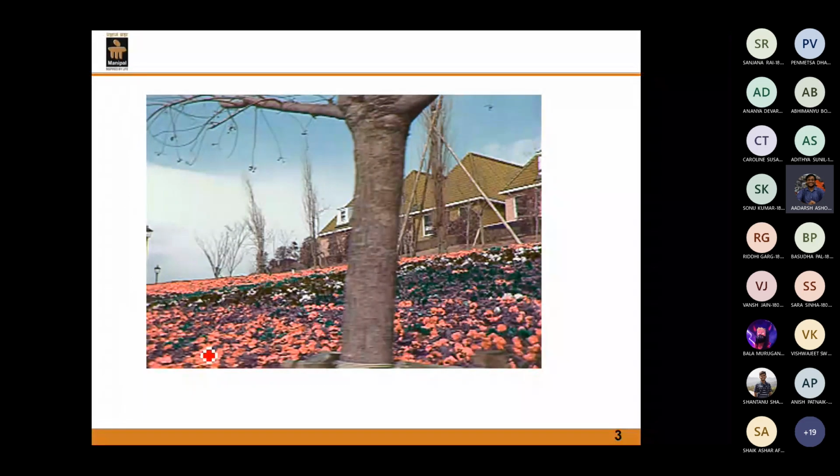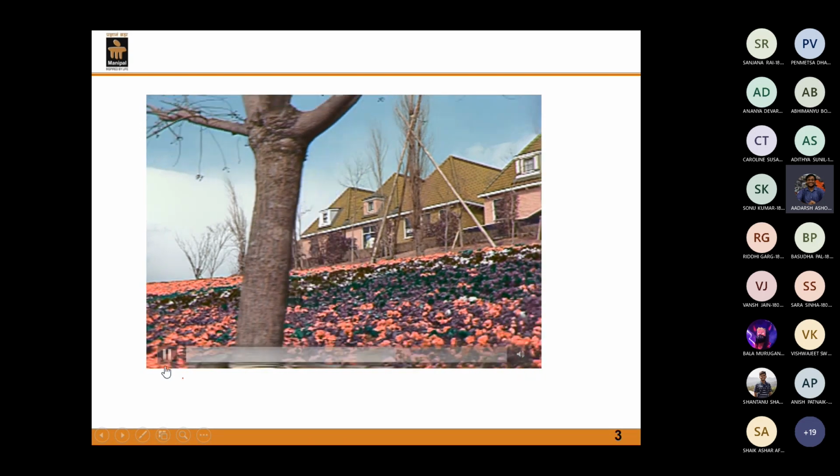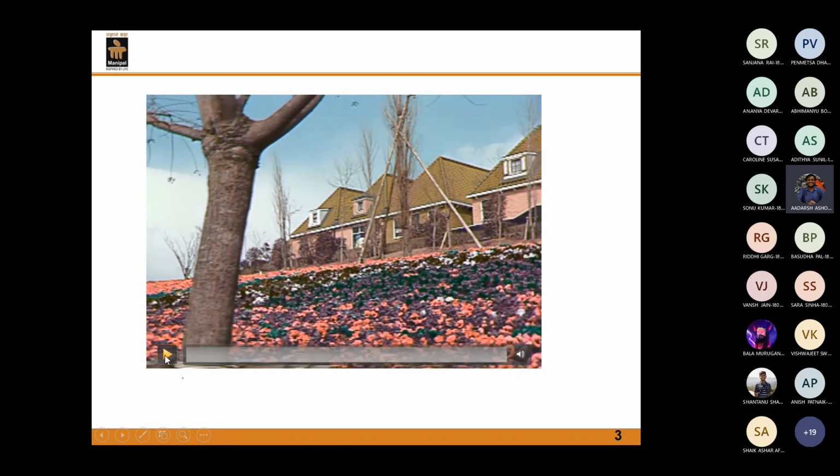Yeah, so for this particular video sequence, we'll take different frames of the sequence which was just shown to you, and we'll try to see how the Lucas and Kanade optical flow algorithm would look like.